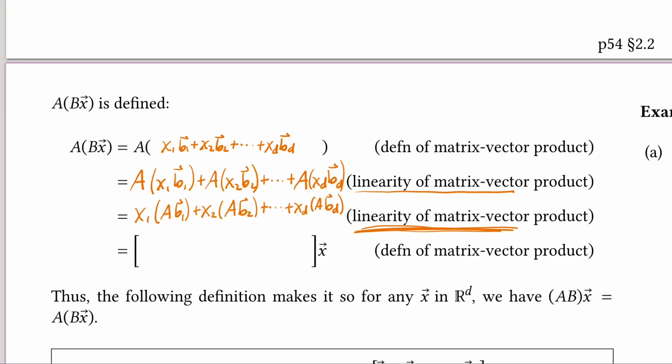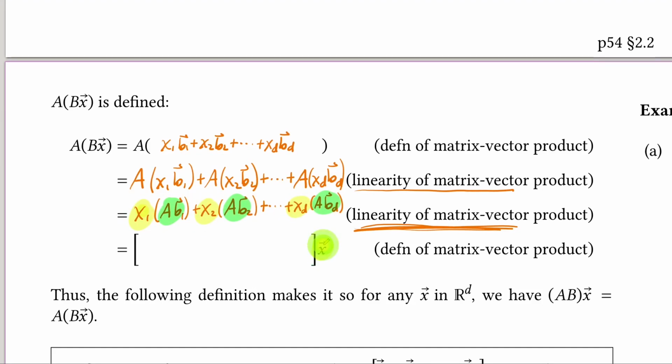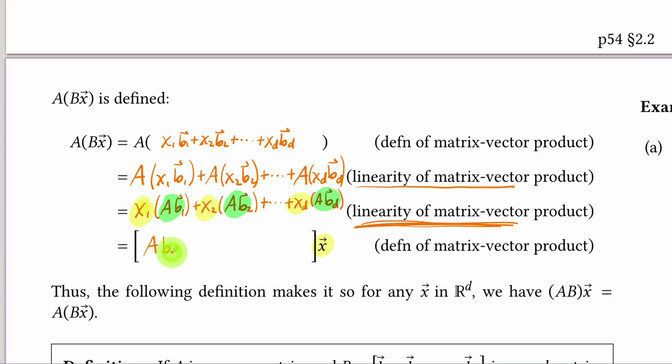And at this point, what we have here is a linear combination of some vectors using the entries in x as weights. The definition of a matrix vector product is you can write this as the matrix where the columns are the vectors you're doing a linear combination of, like so.